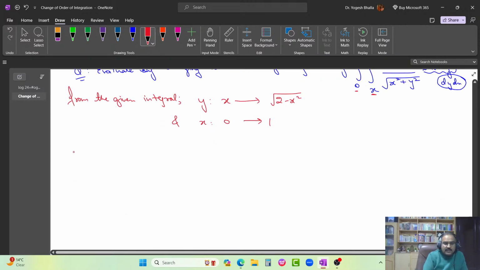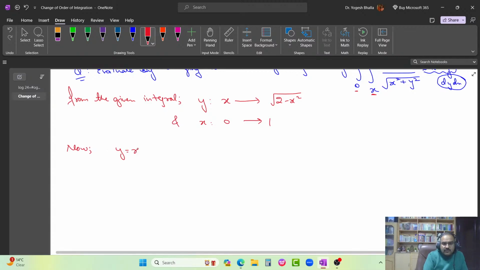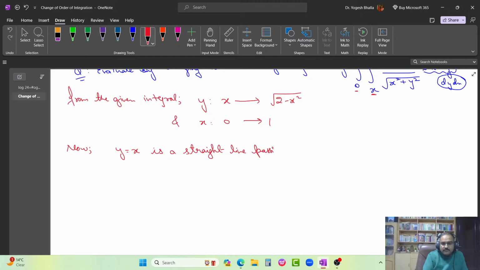So now we plot the diagram. Now y is equal to x is a straight line passing through the origin, and y is equal to root of 2 minus x square.